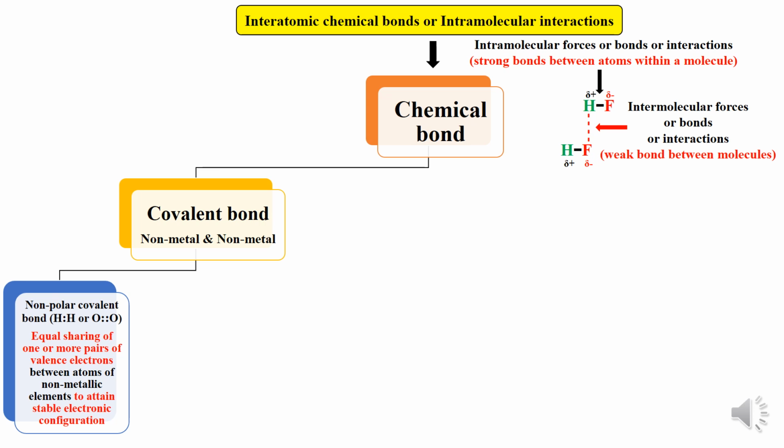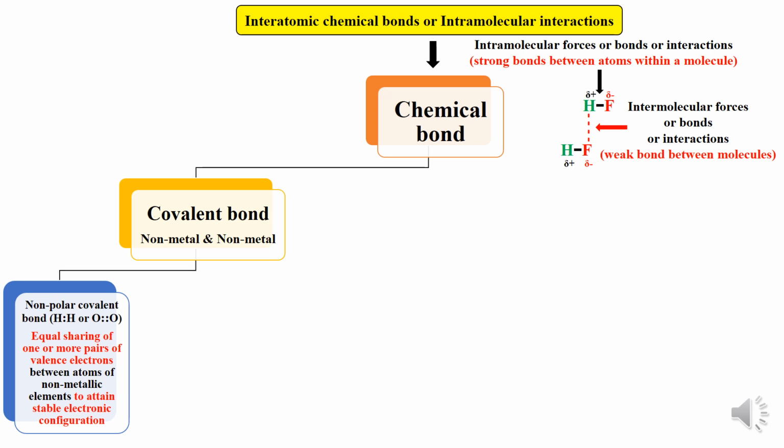So here I have mentioned two examples. One is the hydrogen molecule, the other is the oxygen molecule. So in the case of the hydrogen molecule, you can see equal sharing of one pair of electrons, while in the case of the oxygen molecule, you can find equal sharing of two pairs of electrons. And both the elements are non-metallic in nature.